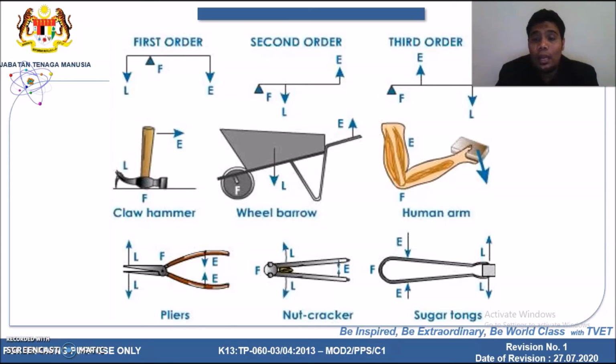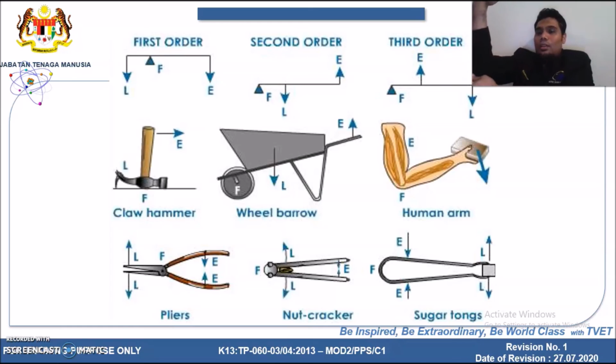Okay, contohnya human arms lah. Human arm, tangan kita. Hujung tangan kita ni ialah load, sebab kita selalu angkat barang. Tengah kita ialah kita punya effort. Muscle kita ni effort.